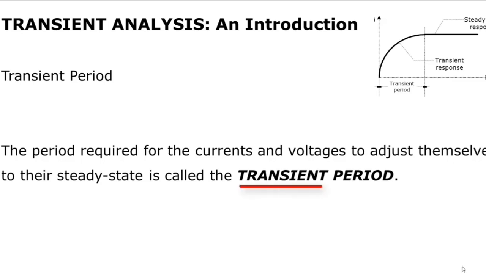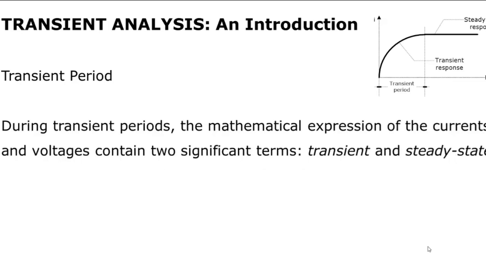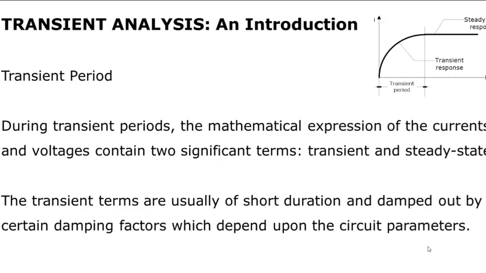That's the transient period where the curve is not stable yet, it is rising to gain a steady state. During the transient period, the mathematical expression of the current and voltage contains two significant terms, which are the transient and the steady state.